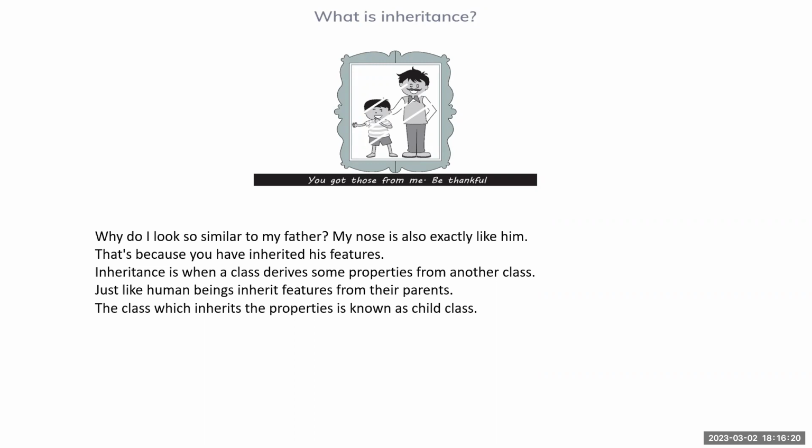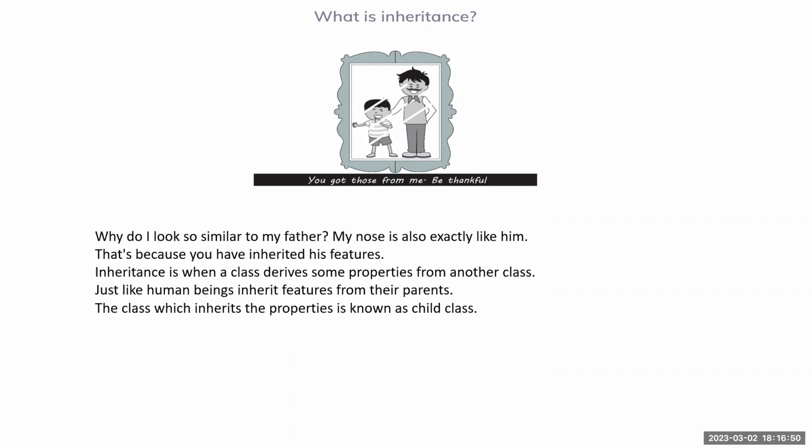Similarly, in the example we took, you are deriving a lot of properties and similarities from your father. You will have your own property, your own identity, but you are still going to inherit all the properties you have from your father.